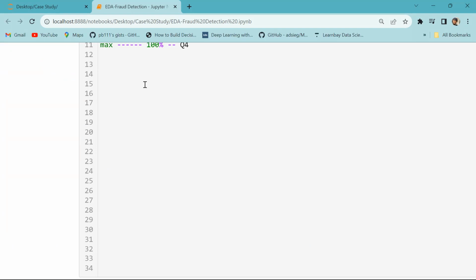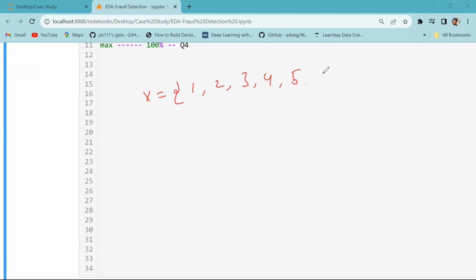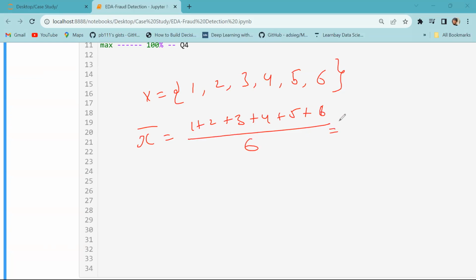For example, I have the variable x, which has the numbers 1, 2, 3, 4, 5, and 6. So x bar is the mean: the sum of the elements divided by the total number of elements. 1 plus 2 plus 3 plus 4 plus 5 plus 6 over 6 elements.